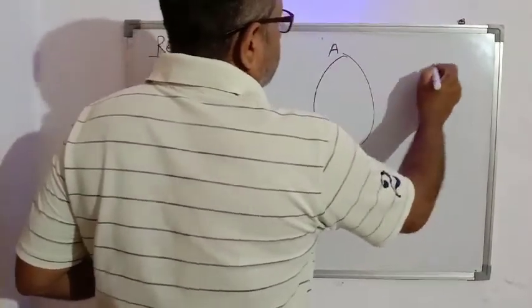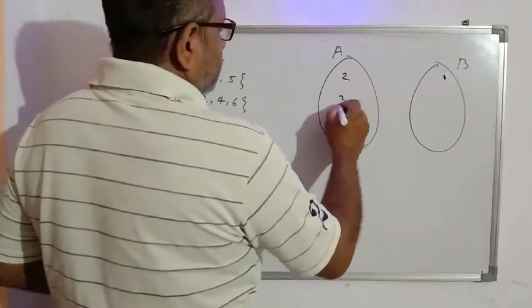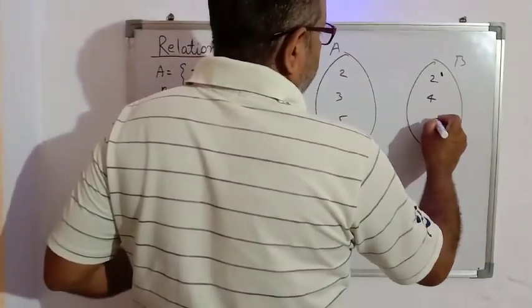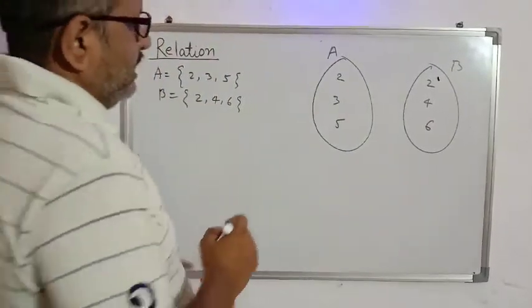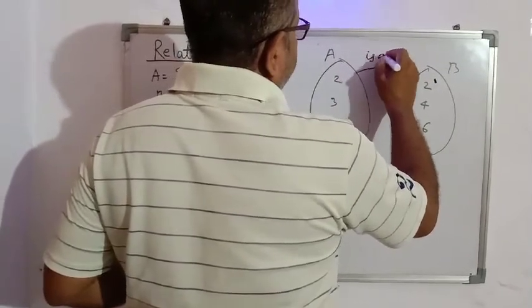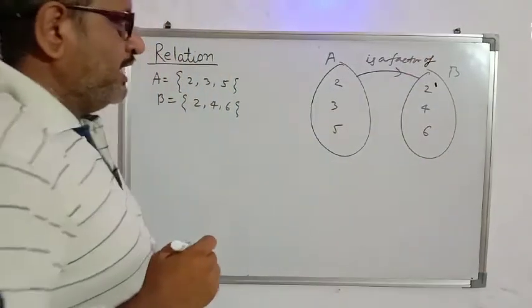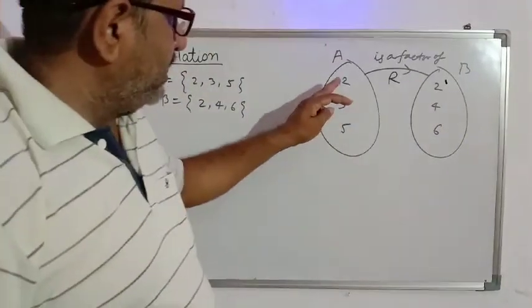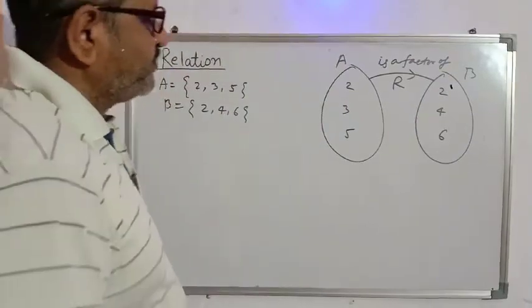And the name of the relation is "is a factor of". This is the name of the relation R. It means an element of set A is a factor of an element of set B.